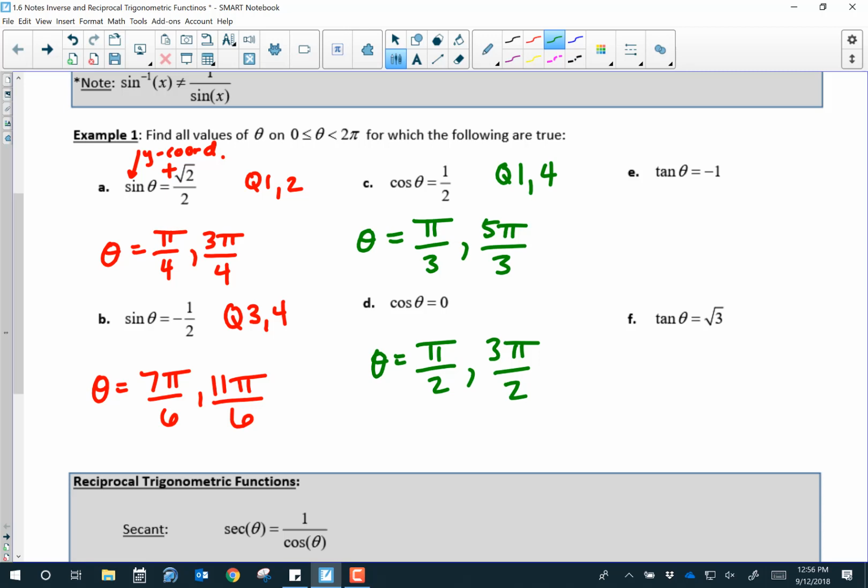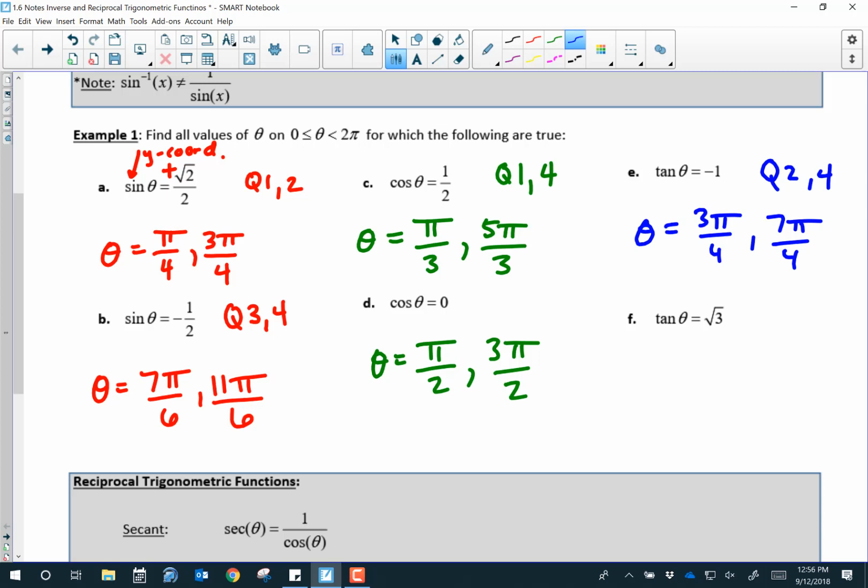Good. Now, tangent theta is equal to -1. What quadrants is tangent negative? 2 and 4, correct. So what are the pi over 4 angles in 2 and 4? 3 pi over 4 and 7 pi over 4. Remember, anytime you have tangent equaling 1 or -1, you're going to be at pi over 4.